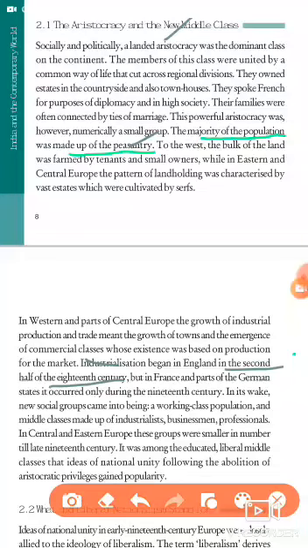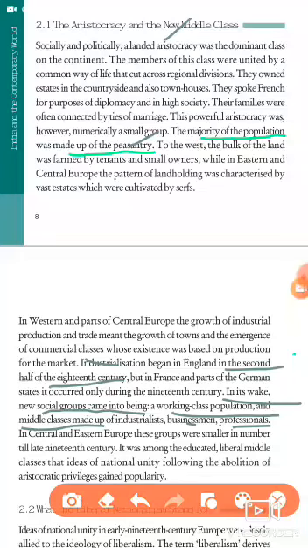So during that time, with industrialization, a new social group came into being, that is working class population and middle class made up of industrialists. So when industrialization came, a new social class was coming into the scene, that is called middle class or working class. And these include businessmen, industrialists, professionals and all.